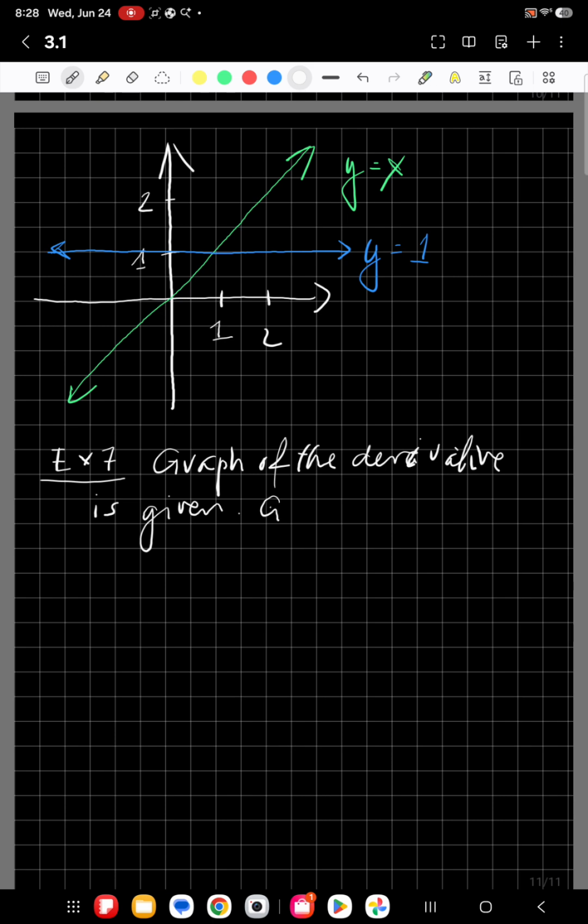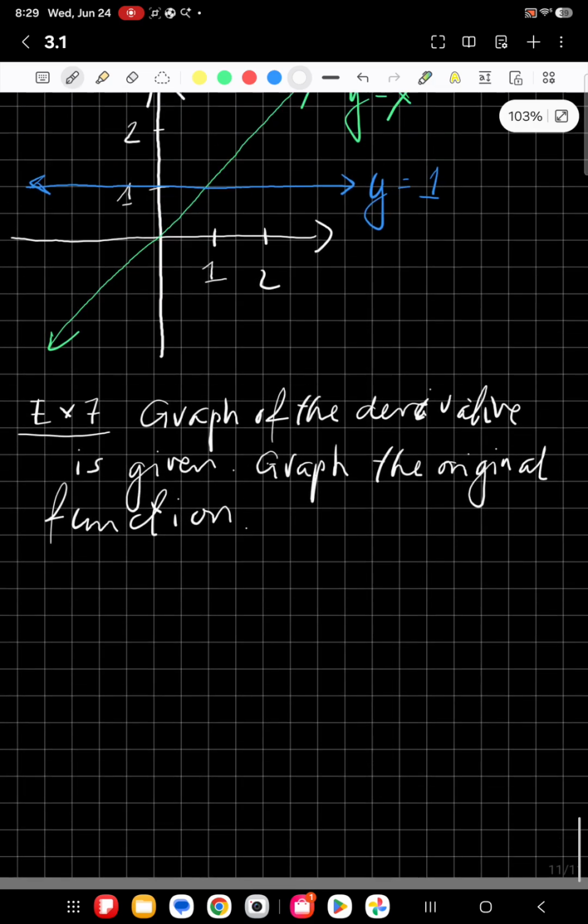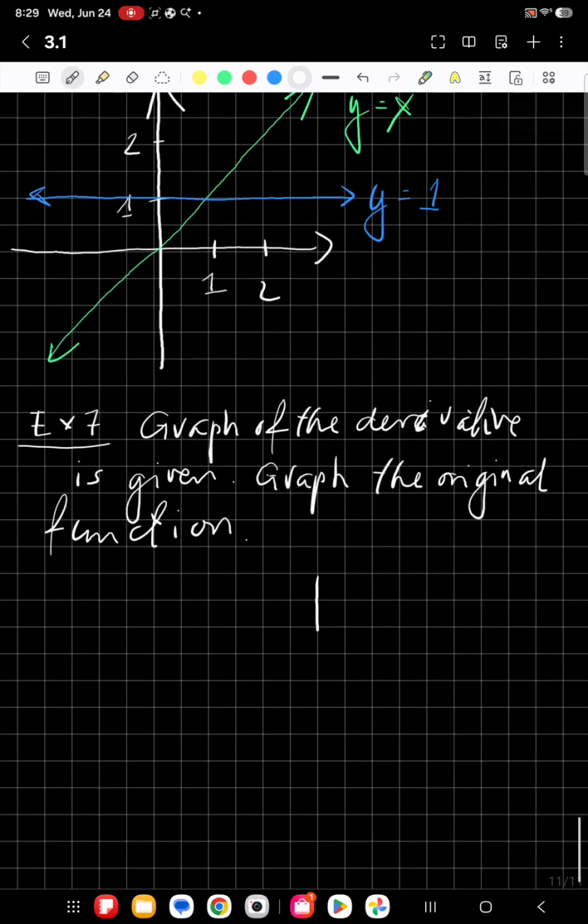Graph the original function. Okay, so let's try it. Alright, so this is like the reversed problem.